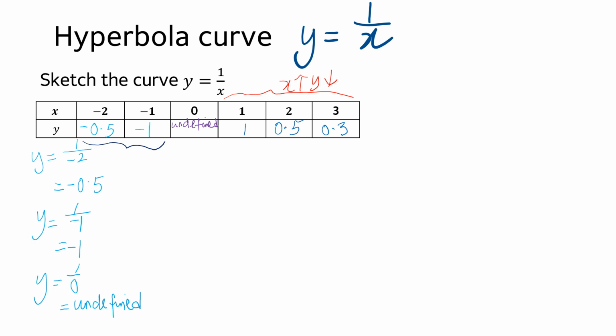When your x gets smaller, your values of y increase. Okay, -2 is smaller than -1, right? So when the x gets smaller, the value of y, -0.5, is bigger than -1. So these two pieces of information are very important, and will help you to sketch this hyperbola curve.